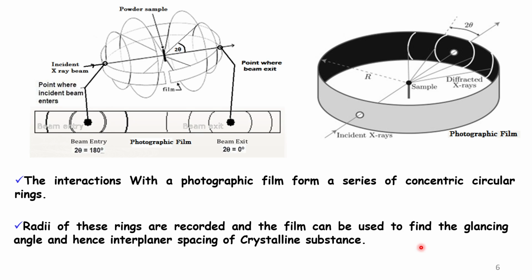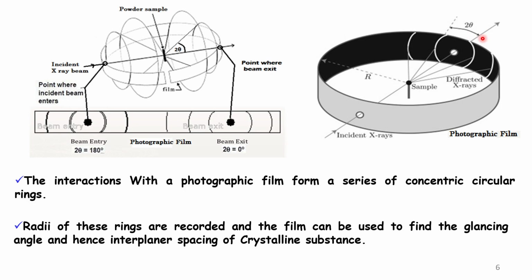Due to that, they satisfy Bragg's diffraction condition, 2d sin theta equals n lambda, and so the incident X-ray gets diffracted. In this figure, this is the photographic film and this is the incident X-ray beam.